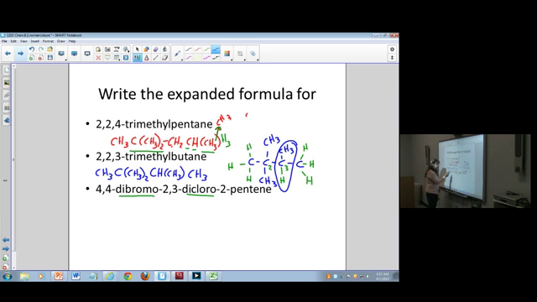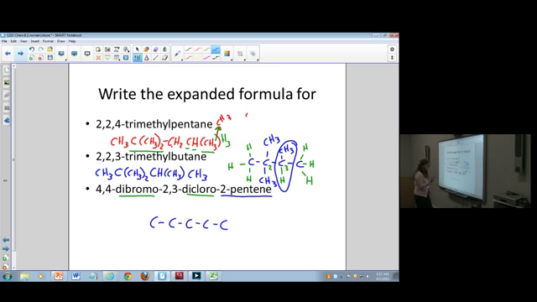And notice that in these groups, it's named bromo something or chloro something. But at any rate, let's start at the end. We're going to figure out there's 5 carbons. So 1, 2, 3, 4, 5.